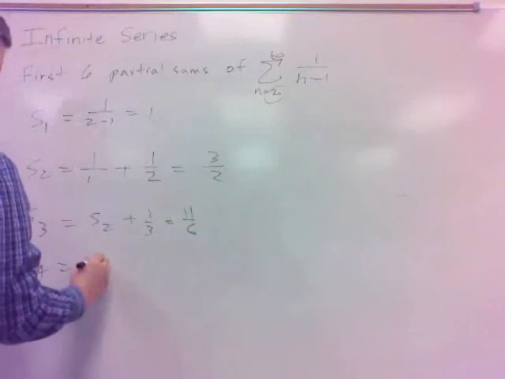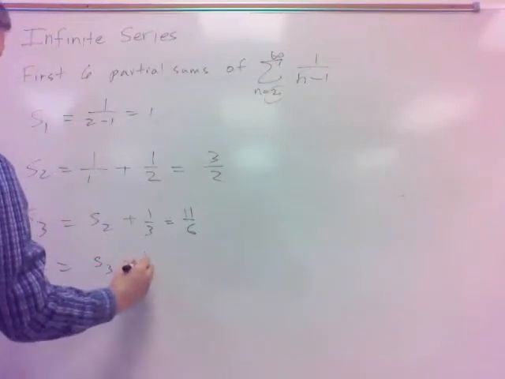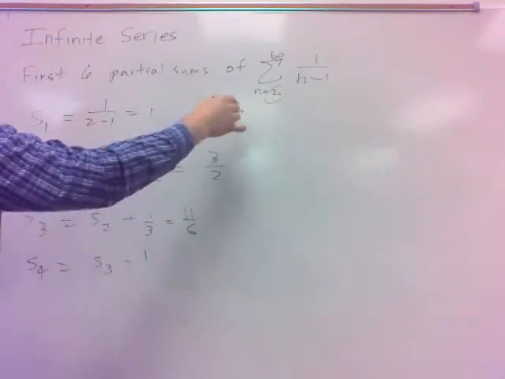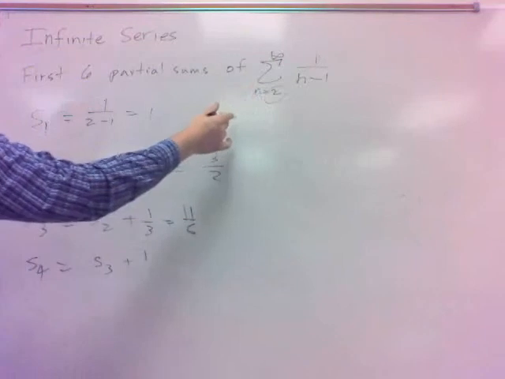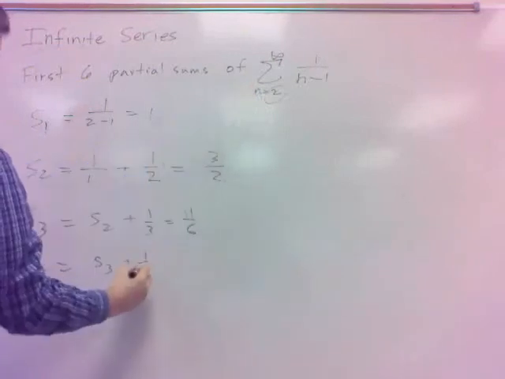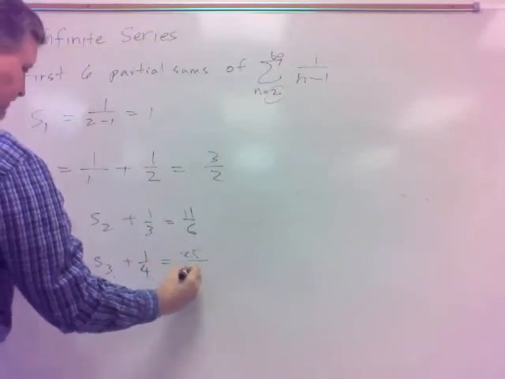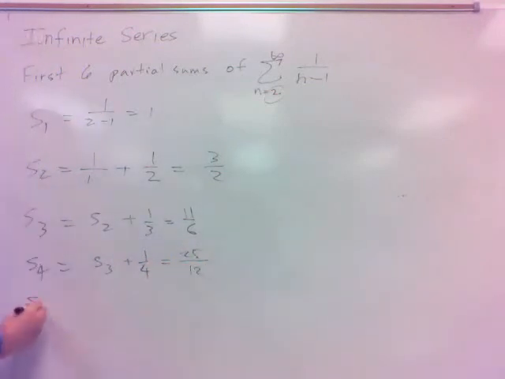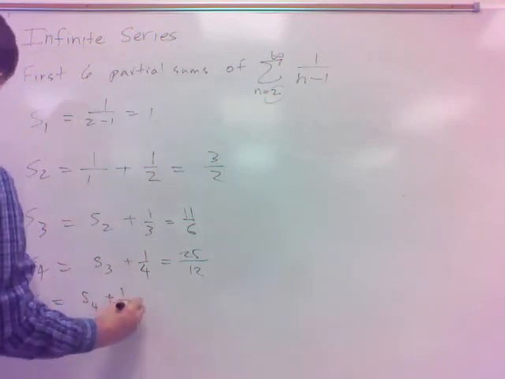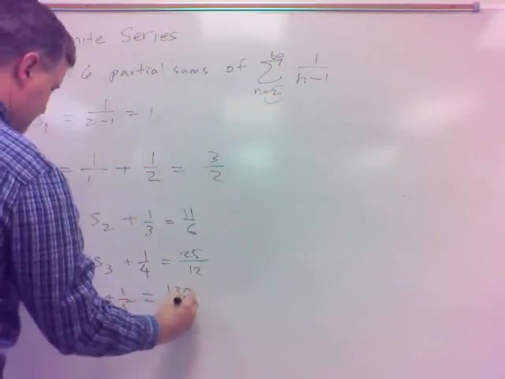S4, then we take S3 and add to it the fourth term, which would be n equals 5, so that would be 1/4. So we're just adding the next term there, which turns out to be 25/12. S5 is S4 plus 1/5, which is 137/60.